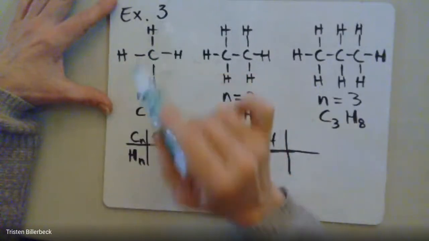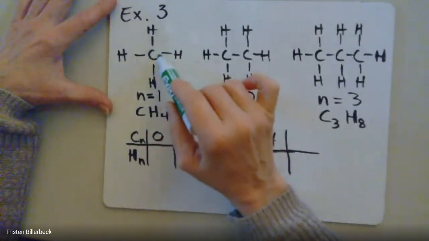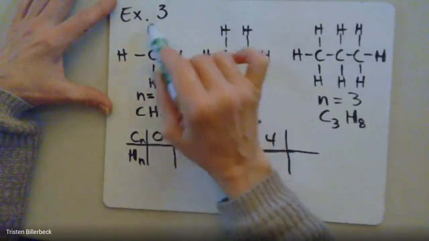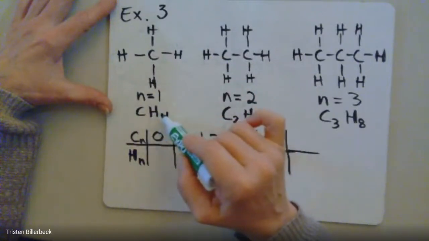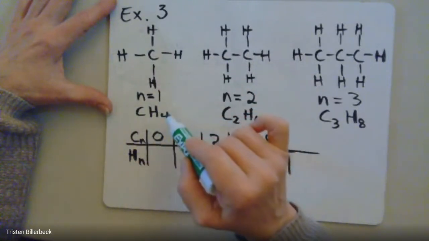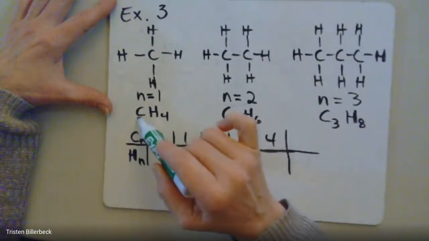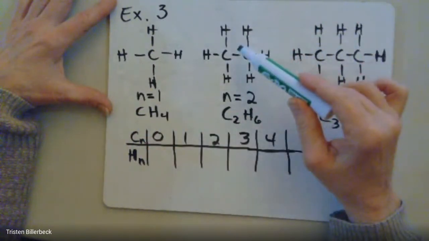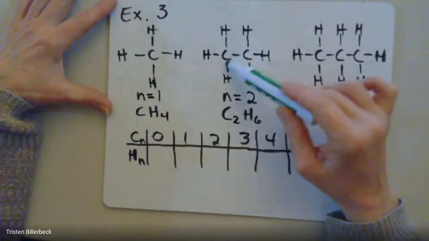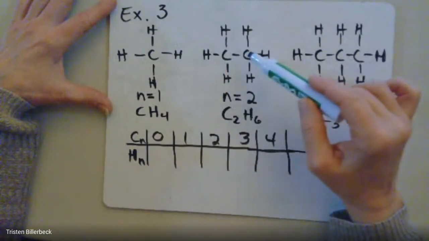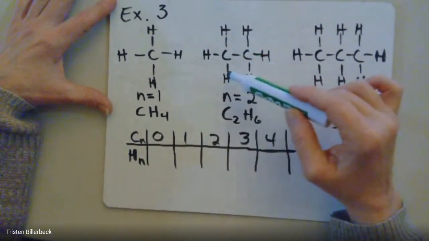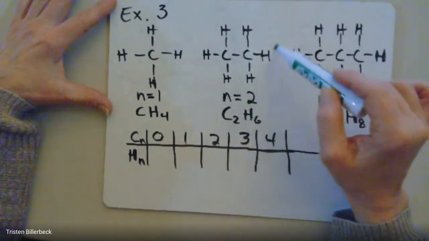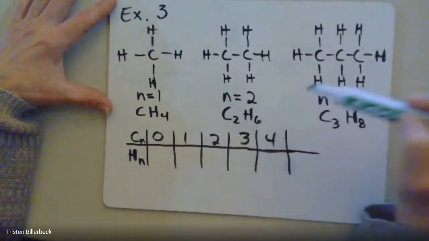So we have chemistry, or C for carbon, and then we have these hydrogens out here. So there are 4 hydrogen atoms for a carbon, per carbon. Then we go to our next molecule. We have 2 carbons, and then it combines with 6 hydrogen.